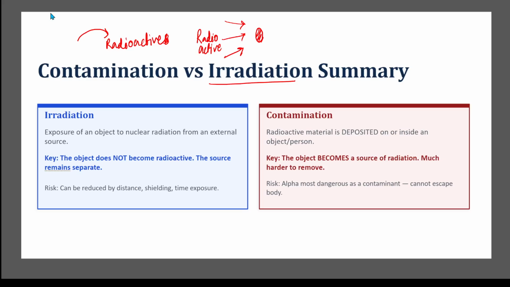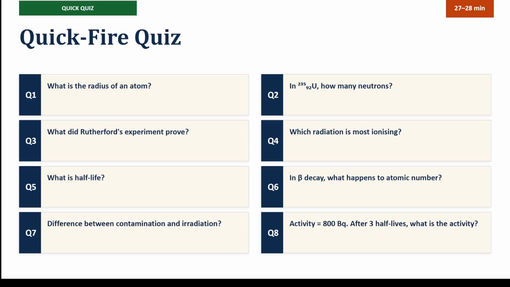Contamination would be when a patient drinks a radioactive tracer to diagnose a thyroid condition. In contamination, the radioactive substance gets inside the body, and in irradiation, you're just throwing some radiation on the surface.